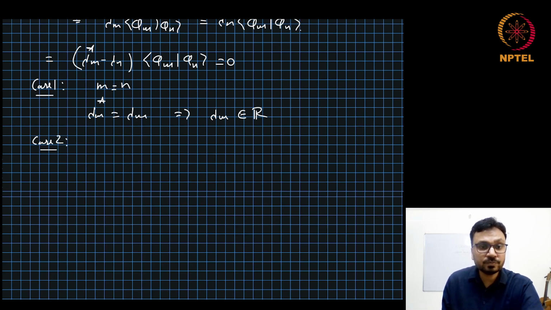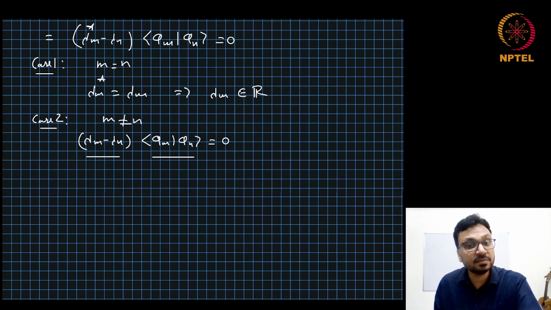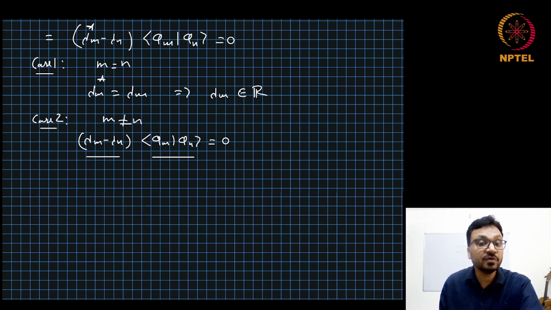So case 2, when m is not equal to n, we can rewrite this equation as lambda m minus lambda n, since all of them are real, we don't need to keep the complex conjugate, times phi m phi n equal to 0. So this is a scalar, this is a scalar, and the product of the two scalars is 0 if and only if at least one of them is 0. Since m is not equal to n, and let's assume that this is a non-degenerate case, it means all the eigenvalues are different, then this quantity is not 0.